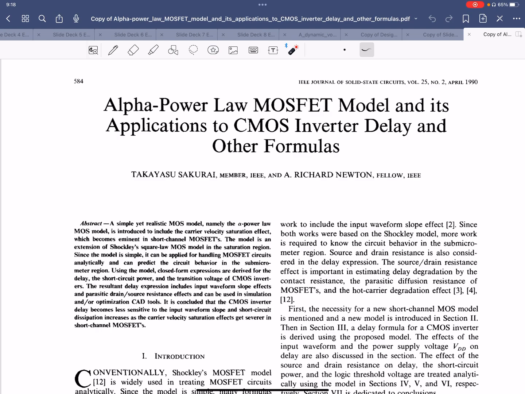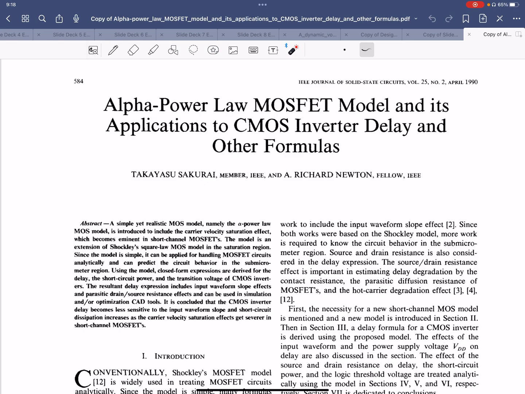Essentially, this paper is about a model. It's supposed to be a simple model for doing analytic, basically hand calculations, for doing circuit estimations.